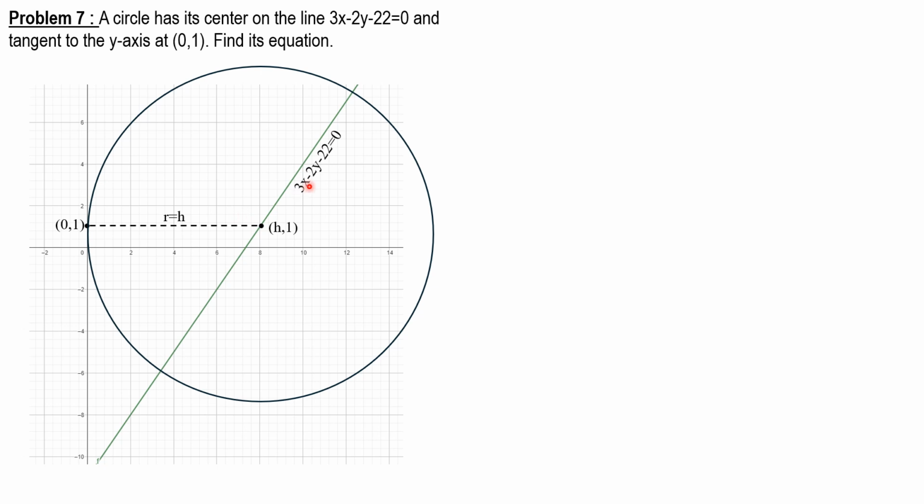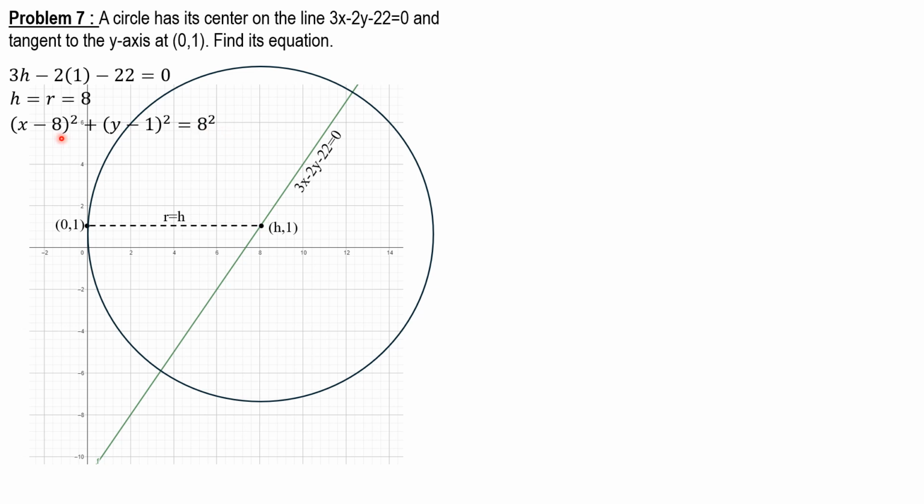So we substitute into this equation x is h and y is 1 to solve for h, which is also the radius of the circle. So 3 times h minus 2 times 1 minus 22 equals 0. So 3h equals 24, so h is 8, and it is also the radius. Therefore, the equation of the circle is (x minus 8) squared plus (y minus 1) squared equals radius 8 squared.